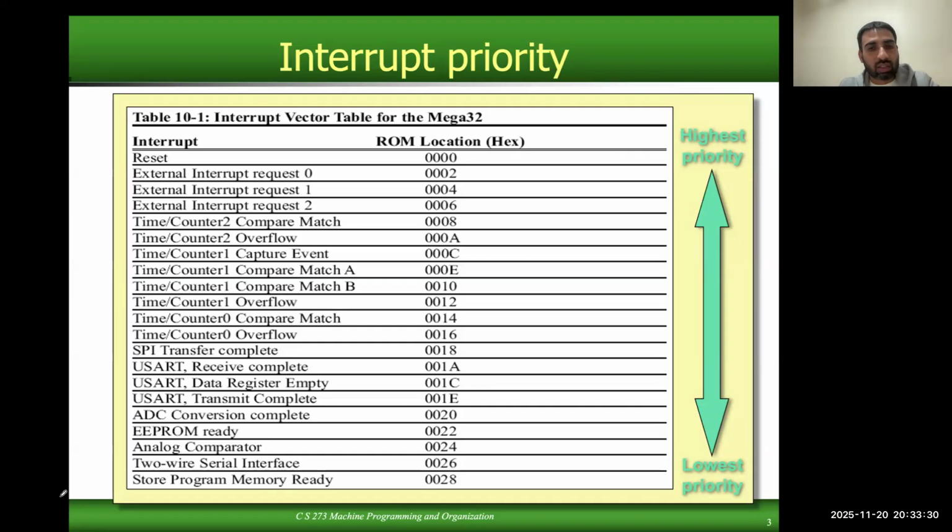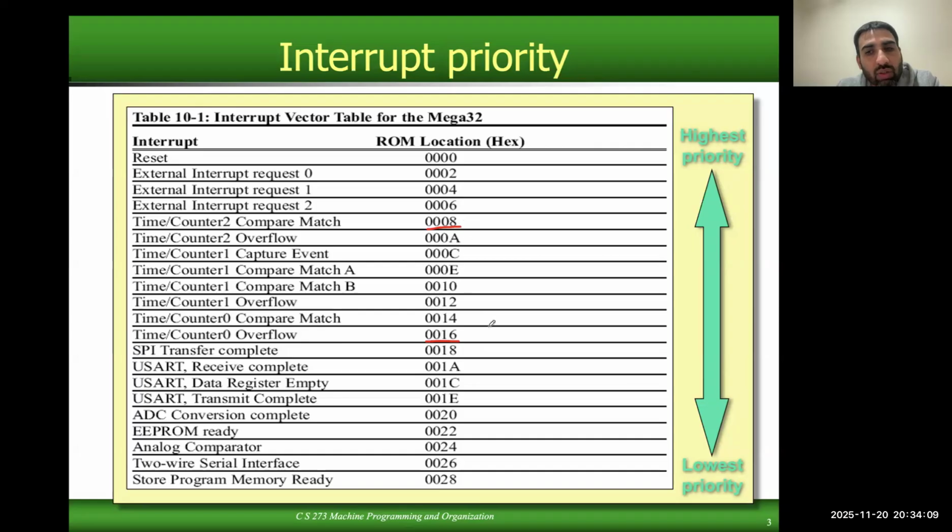So, in the context of the example I just mentioned, there is a timer 0 overflow interrupt and a timer 2 output compare match interrupt. Their addresses are shown in this interrupt vector table, where you need to store their ISRs. For timer counter 0 overflow, the address is 16. For timer 2 compare match interrupt, the address is 8. How do we know which one has the higher priority?